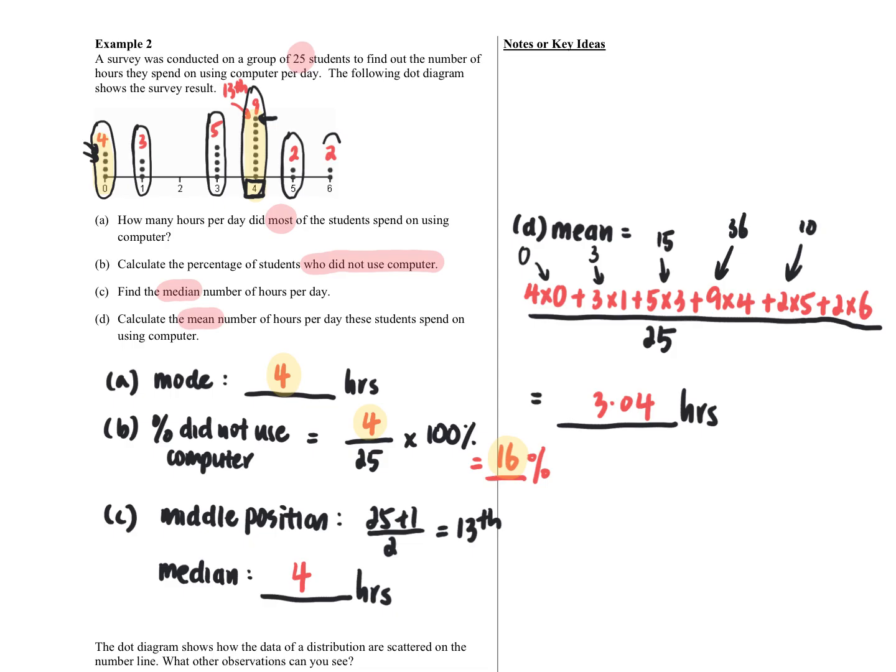And finally 2 who spend 6 hours each, so this is a 12. You total up the total number of hours spent and divide by 25 of them. Each of them spends about 3.04 hours. So this is a mean, mode, median calculation.